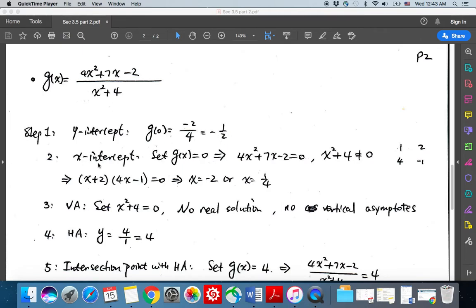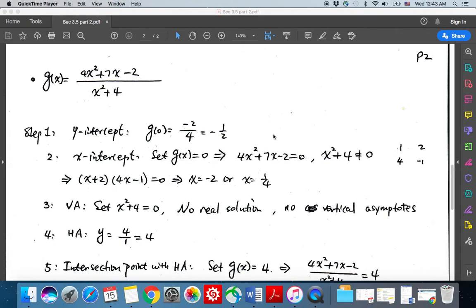Next, we're going to determine the x-intercepts by setting the numerator equal to 0 while requiring the denominator to be not 0. In this case, the denominator is not going to be 0 for any real number, so we don't have to be worried about that. So let's solve this quadratic equation to determine any zeros of the rational function.